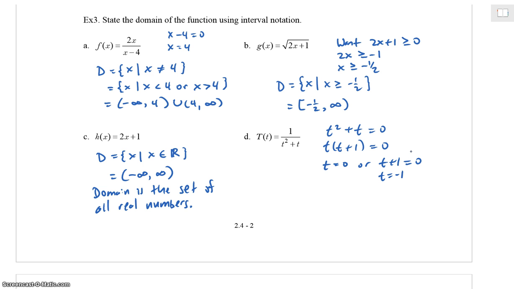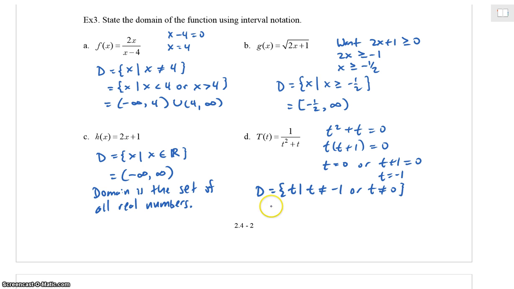So the domain for our function capital T would be the set of all real numbers little t such that t is not equal to -1 or to 0. So in other words, we have to leave -1 and 0 out, but we can use anything else.